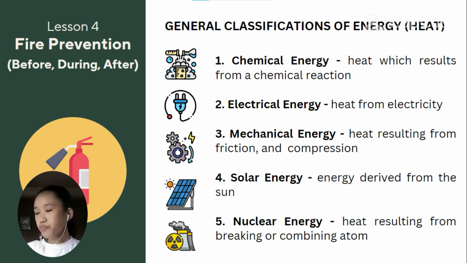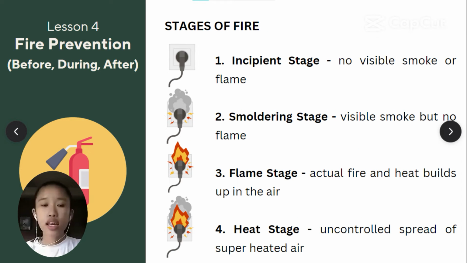Number 3, mechanical energy, heat resulting from friction and compression. Then 4, solar energy, the energy that comes from the heat of the sun. And the nuclear energy resulting from breaking or combining atoms.